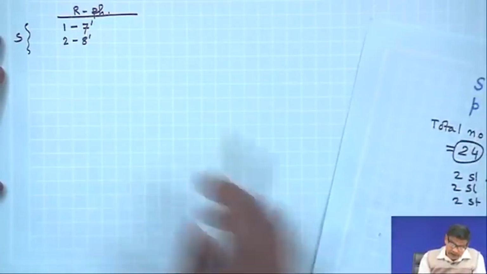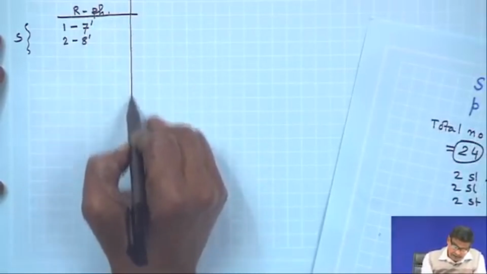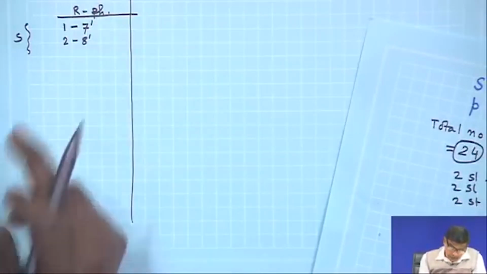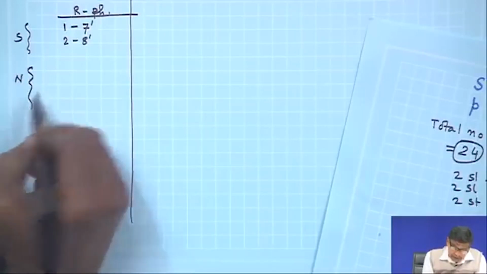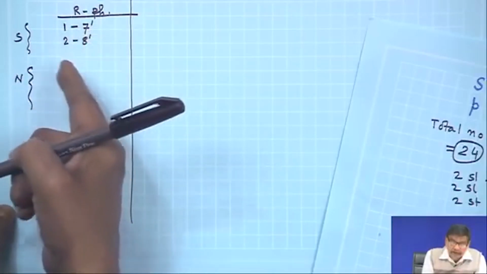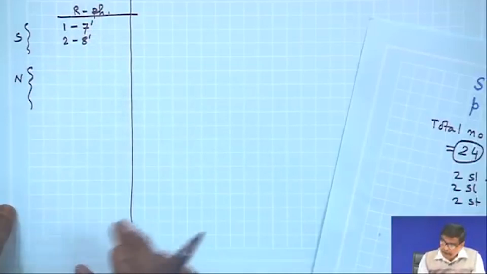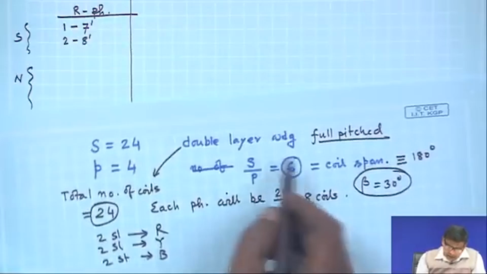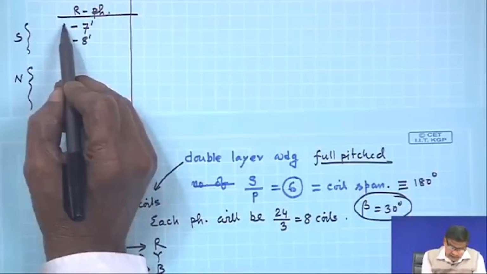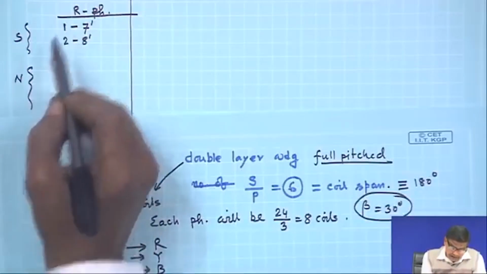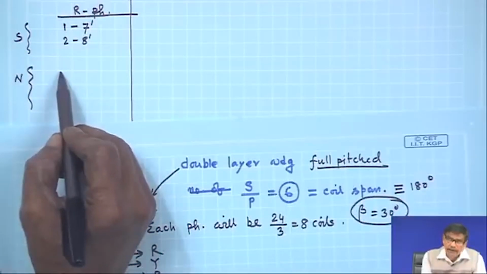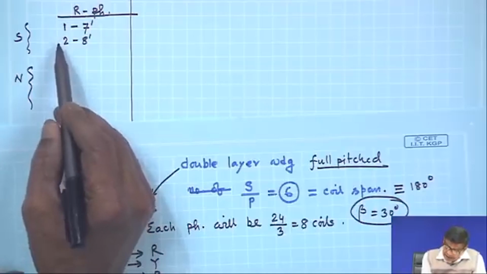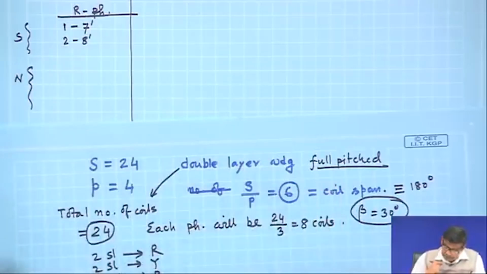Now, the big question is, I will first complete the R phase, very simple. Now, the question is, where from under the north pole will the R phase second group start? If this is the south pole beginning, it must start at the north pole beginning, whatever it is, and that separation is 6.